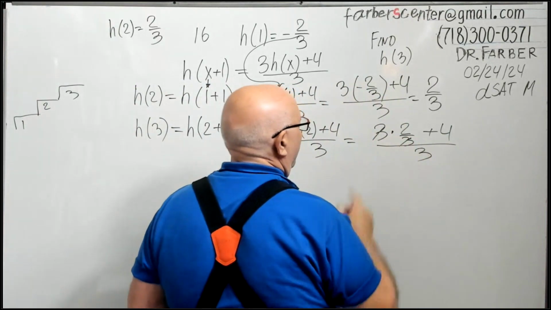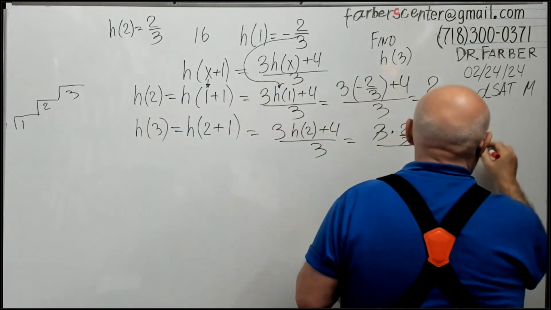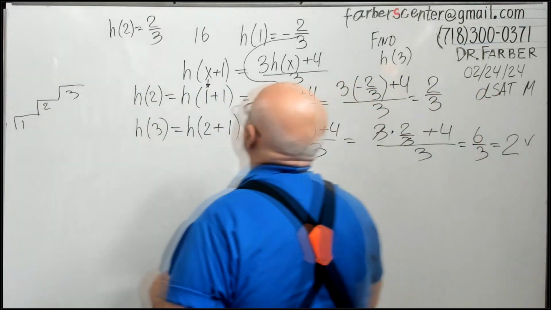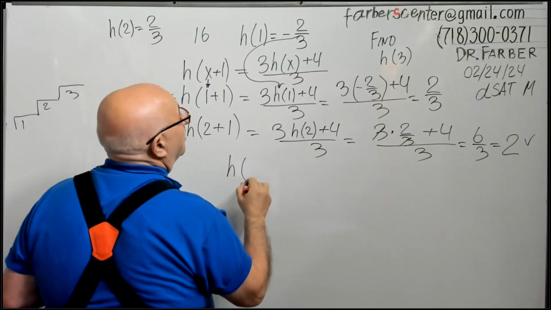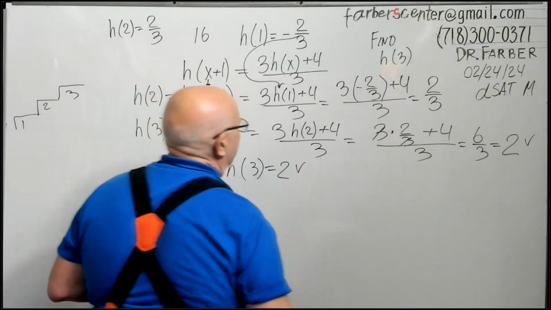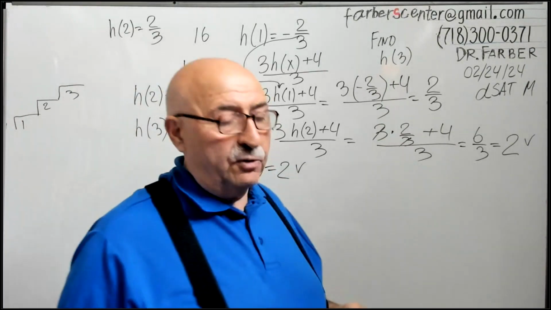The 3s cancel out. 2 plus 4 is 6, and 6 over 3 is 2. And I found that h of 3 equals 2. So a recursive function in computer science is a function which calls itself.